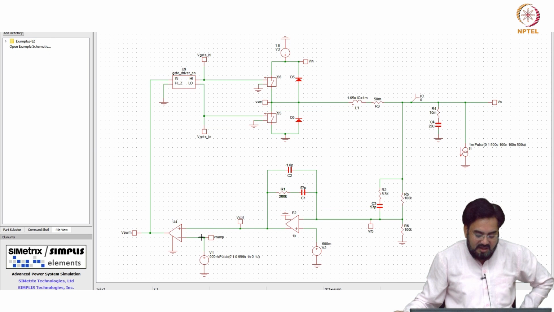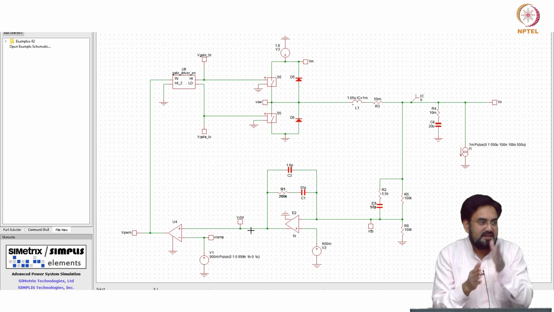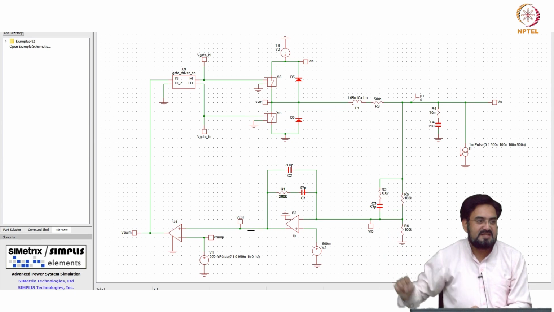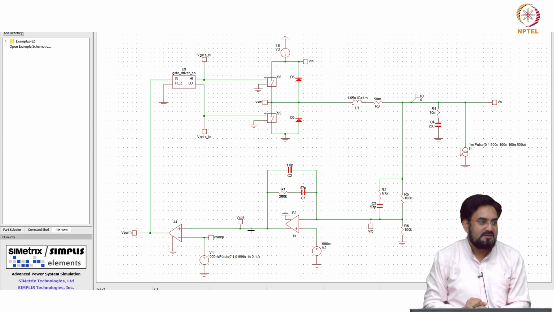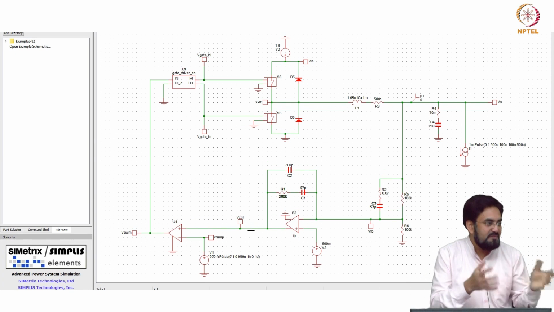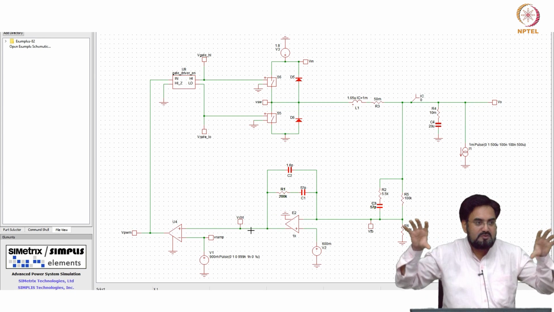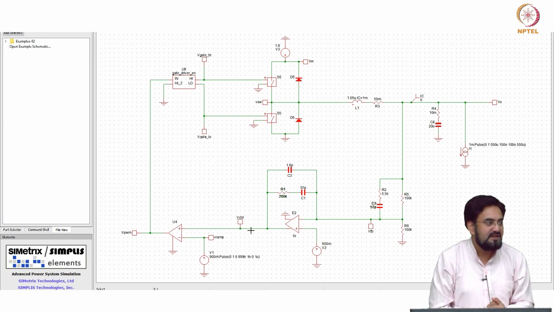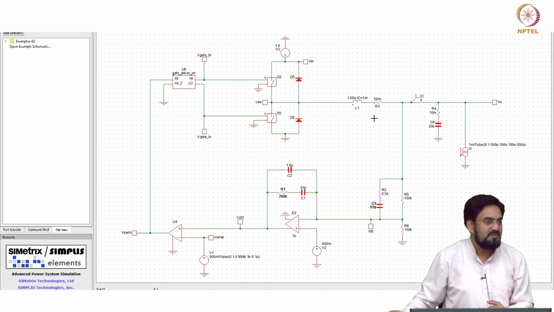Now every cycle, if you look at 1.01 megahertz and you are sampling at 1 megahertz, the control voltage will be changing and you will see a tone at 10 kilohertz. It's just like multiplying the two signals. If you take a 1 megahertz signal and 1.01 megahertz, what will you get? You will get those two tones and a difference of the two, and the difference will be sitting at 10 kilohertz, and 10 kilohertz will not be suppressed by the LC, since that is very low.